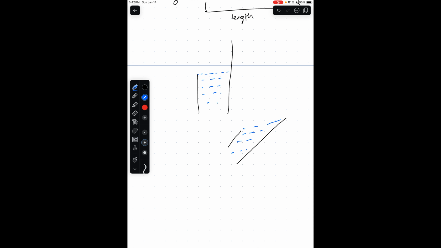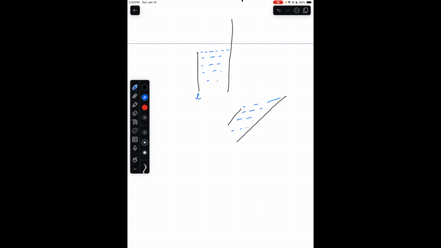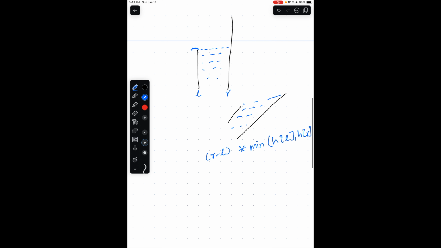So how much water you can store is, if this is left and this is right, the distance is given by r minus l, which is multiplied by the minimum of height l and height r. Because even if the right height is tall, if the left height is less, you cannot store the maximum amount of water. You can only store up to this limit. So this is how you can calculate the amount of water.